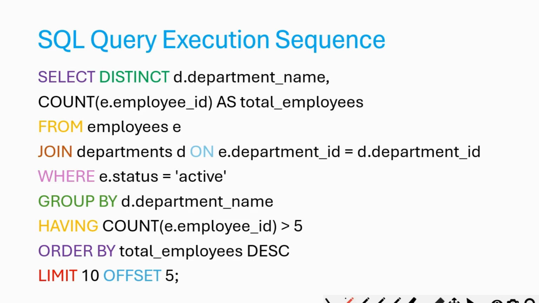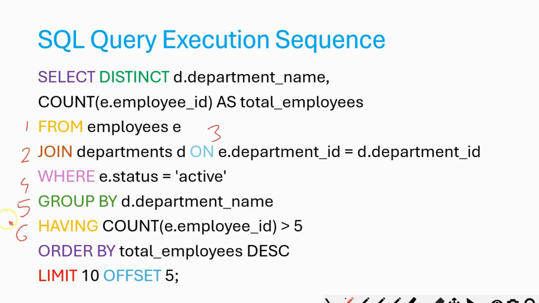So let's get back to our sample query. Here it executes the from part first, then it joins the department table, and based on the condition, it picks data from both the employee and department tables. After that, it applies the where clause and filters only the active results. Then it executes the group by and groups the data based on the department name. Then it applies the having clause and filters based on employee ID being greater than 5.